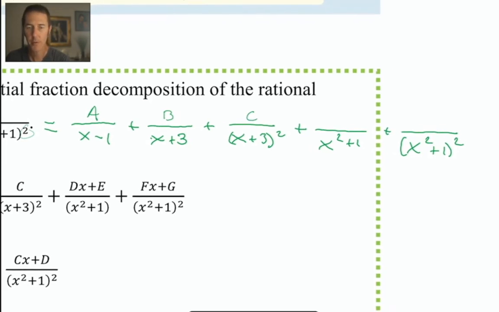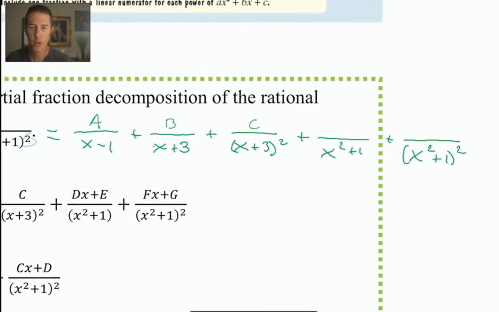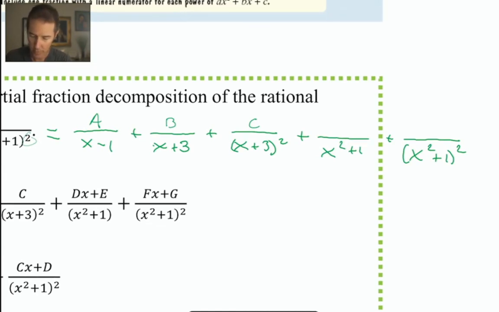Now, my fourth denominator is a quadratic. It has an x squared in it. It is a 2nd degree polynomial, which means the numerator is going to be a 1st degree polynomial. We call that a linear factor, like mx plus b. This time it's going to be dx plus e. And finally, our last denominator is a quadratic at its core, which is second degree.